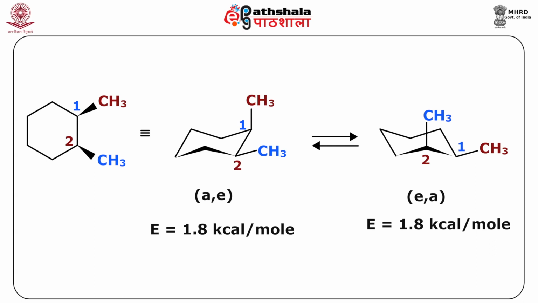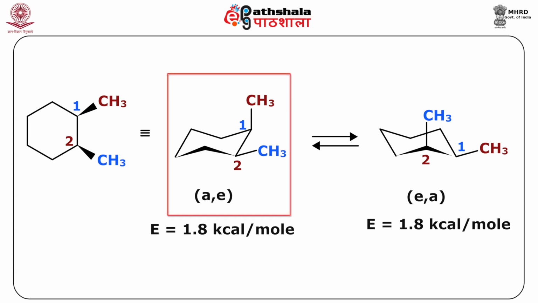Recall this: cis and trans isomers are geometrical isomers or diastereomers and cannot be readily interconverted by simple rotational processes. A bond has to be broken to interconvert. They are not different conformations of the same isomer. As discussed, the cis isomer is the one where one of the methyl substituents occupies the axial position and the other occupies the equatorial position.